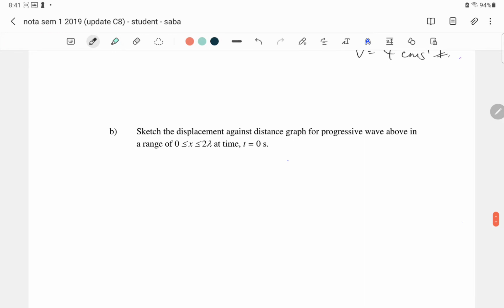Okay, B. Sketch the displacement against distance. Graph the progressive wave above of the range 0 to lambda at t equal to 0 second.